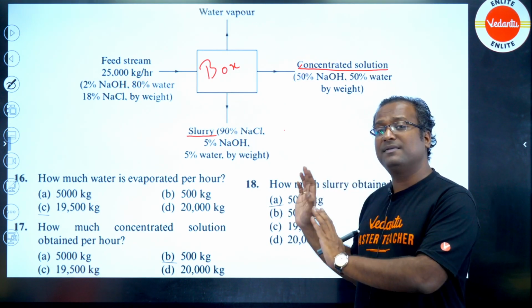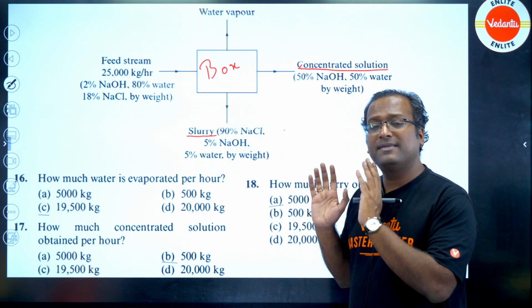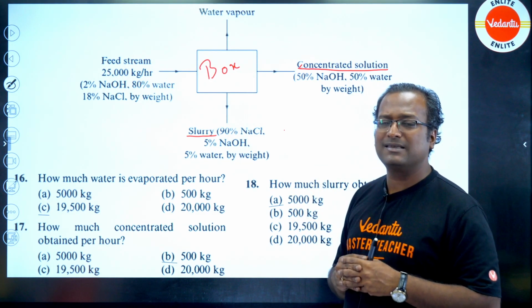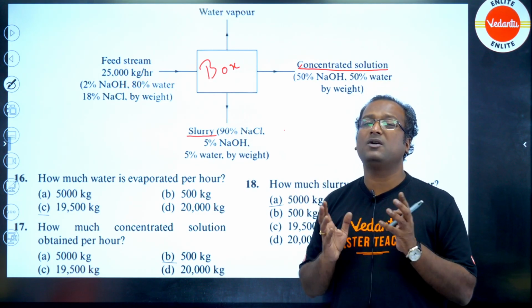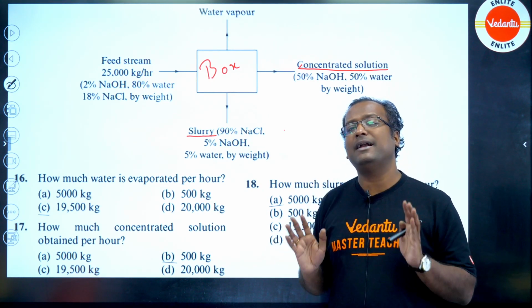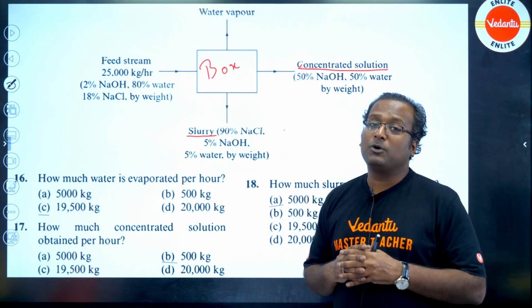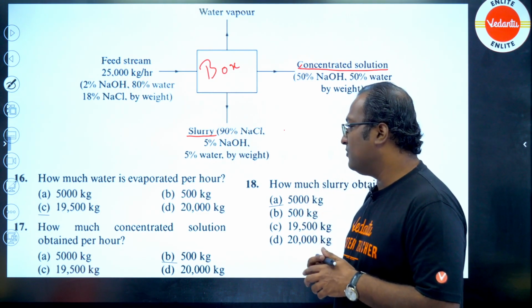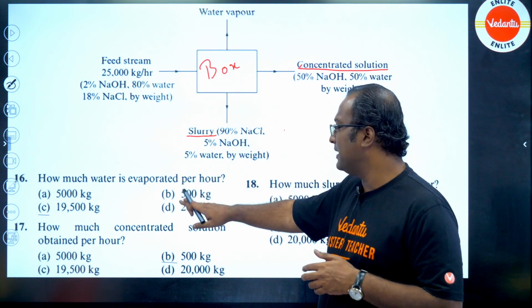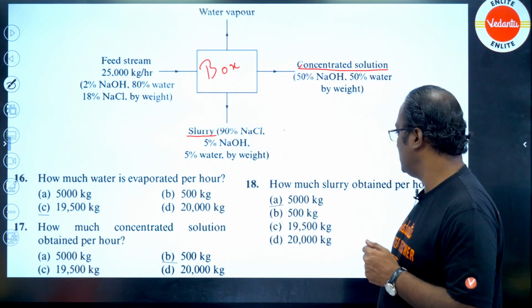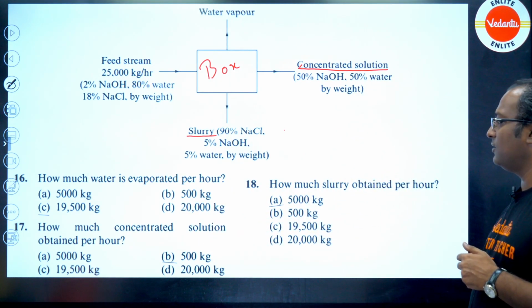This is a very simple question overall. It's a typical case of mass balance that happens on any device or any equipment in any and every industry. Now, how to approach such questions? What is asked? How much water is evaporated? How much concentrated solution is obtained? How much slurry is obtained?